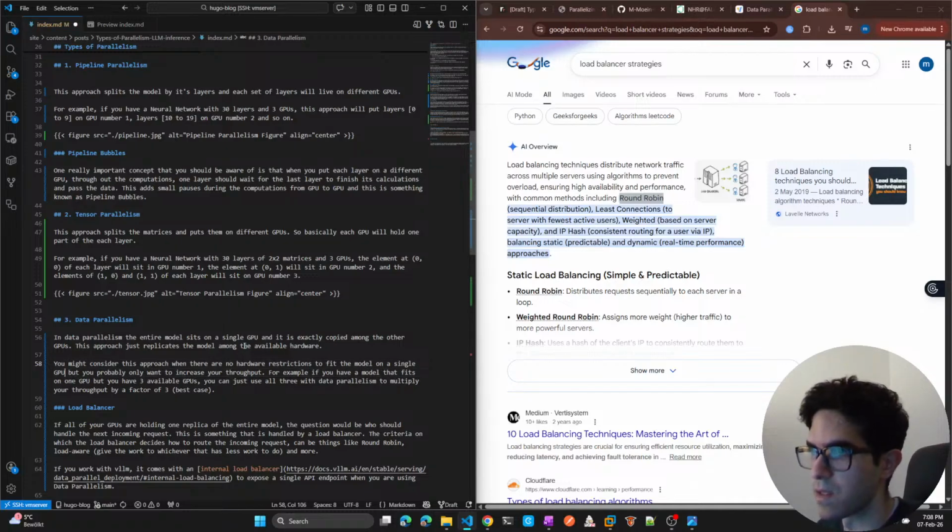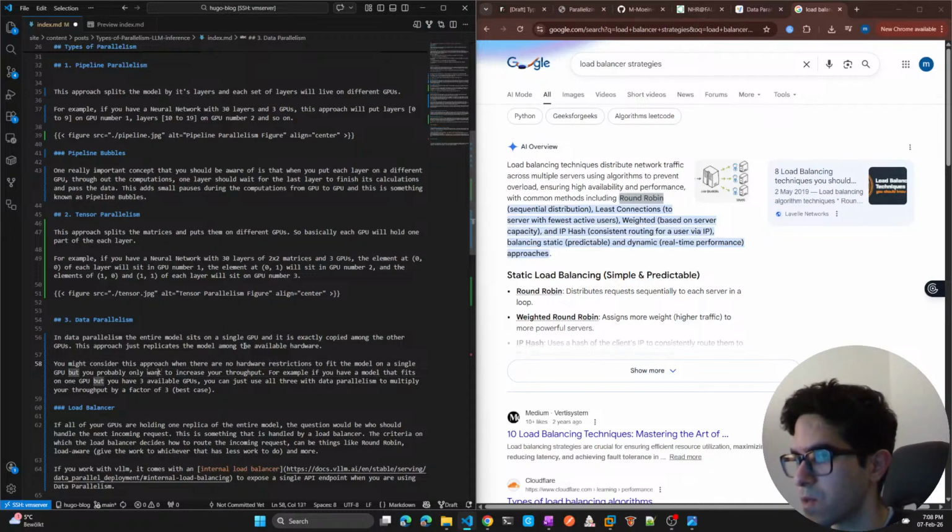For example, if you have a model that fits on one GPU, but you have 3 available GPUs, you can just use all 3 with data parallelism to multiply your throughput by a factor of 3.